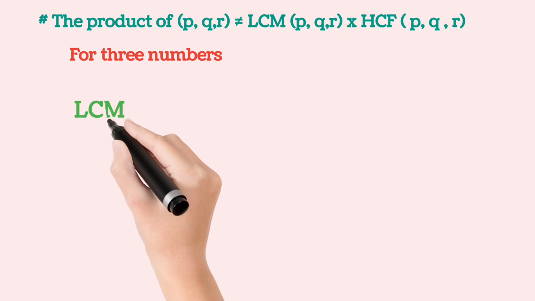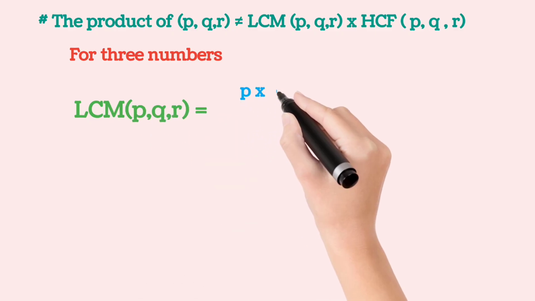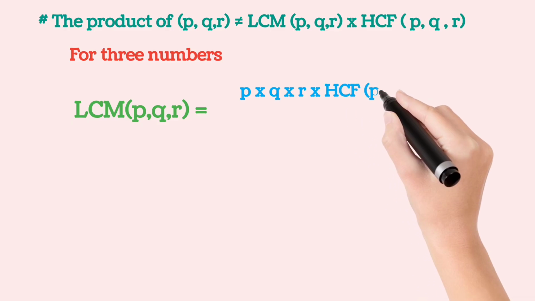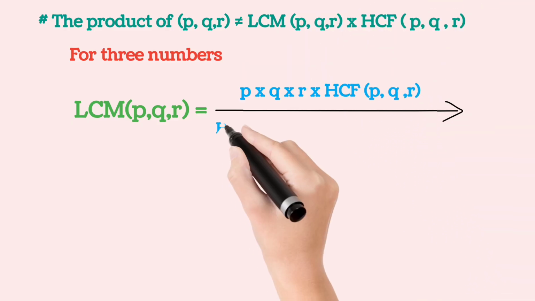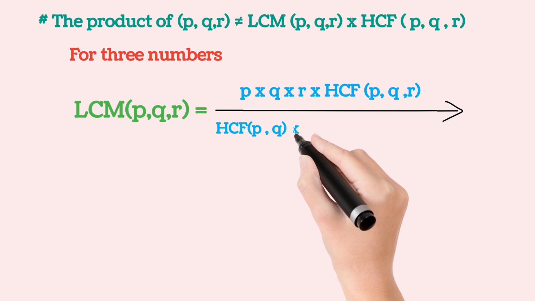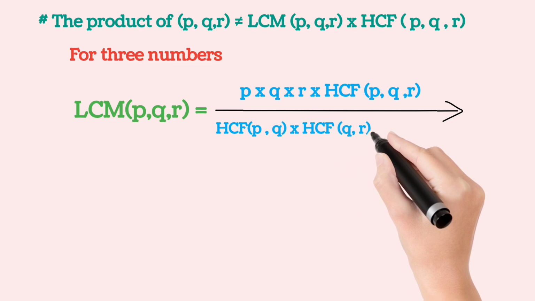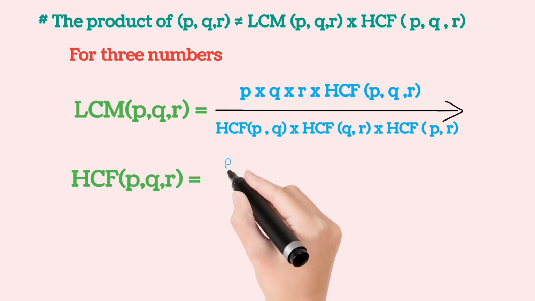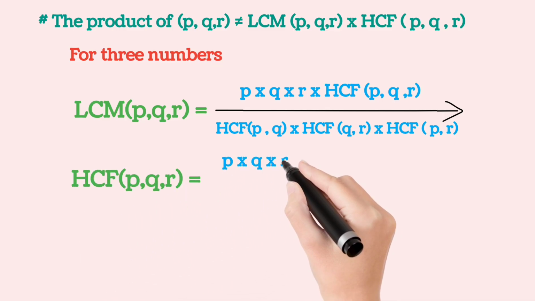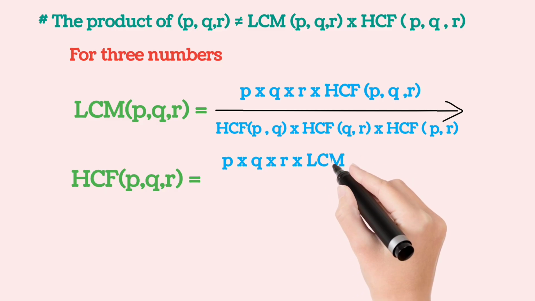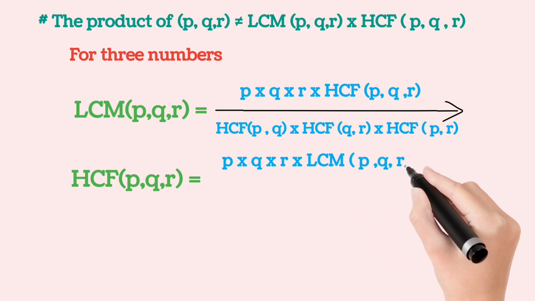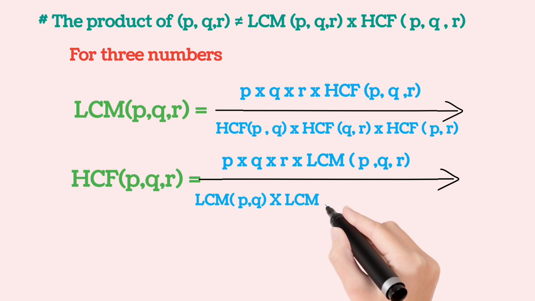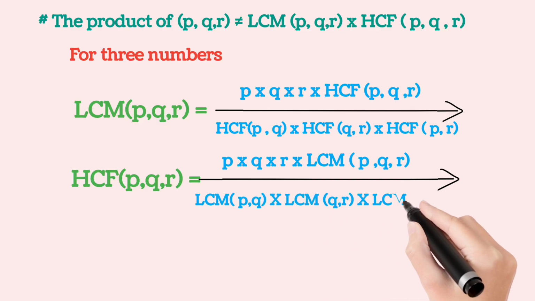For three numbers we will learn to find LCM of p, q, r, that is equal to p into q into r into HCF of p, q, r, divided by HCF of p, q into HCF of q, r into HCF of p, r. Similarly, HCF of p, q, r is equal to p into q into r into LCM of p, q, r divided by LCM of p, q into LCM of q, r into LCM of p, r.